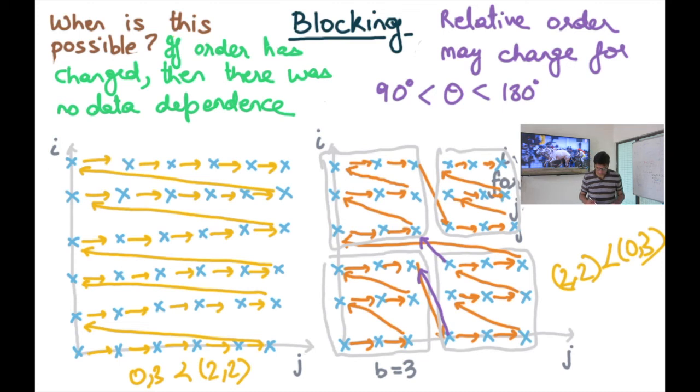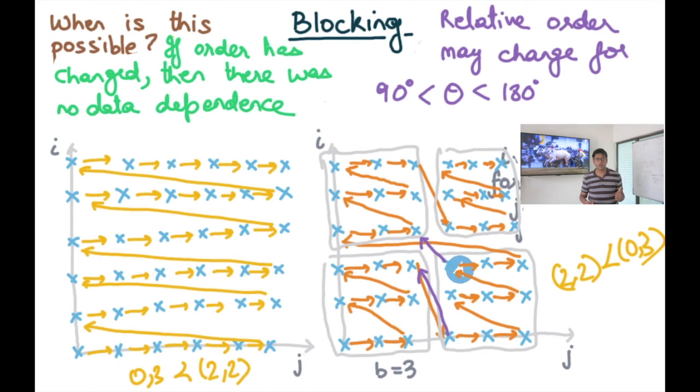So whenever theta is greater than 90 degrees, here's an example where the relative order has changed. I'm claiming that whenever the relative order changes, it would be only for those cases in a 2D space where theta was greater than 90.